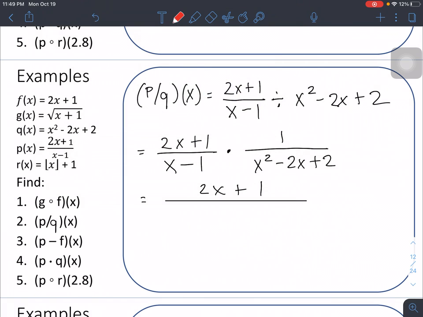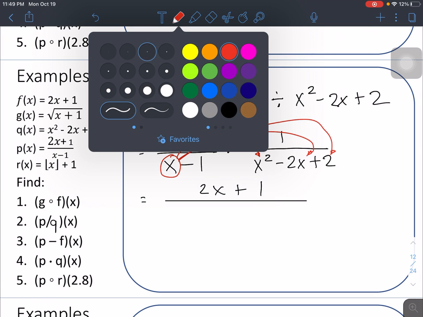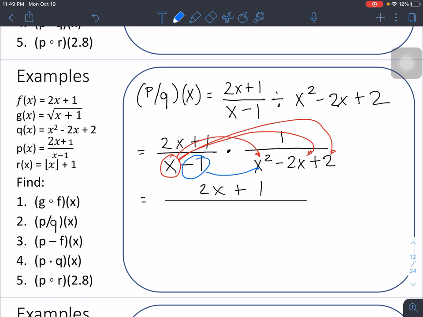So again, we just need to distribute all the x's and all the negative 1. Let's try. X multiplied by x squared will be x cubed. X multiplied by negative 2x will be negative 2x squared. X multiplied by 2 will be 2x. Then negative 1 multiplied by x squared will be negative x squared. Negative 1 multiplied by negative 2x will be 2x. Negative 1 multiplied by 2 will be negative 2.